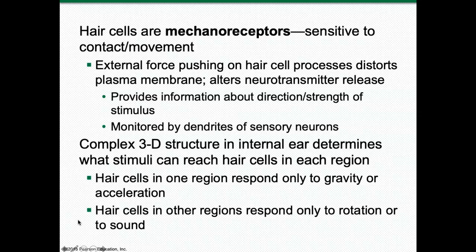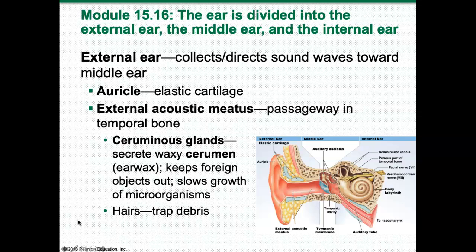It is a very complex three-dimensional structure in the internal ear, and we'll be looking at two different parts of that internal ear in terms of equilibrium. In one part, the hair cells respond to gravity or acceleration, and in the other part, the hair cells respond to rotation or sound. So we start with the anatomy of the ear.